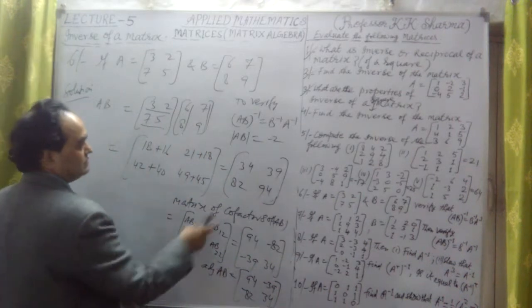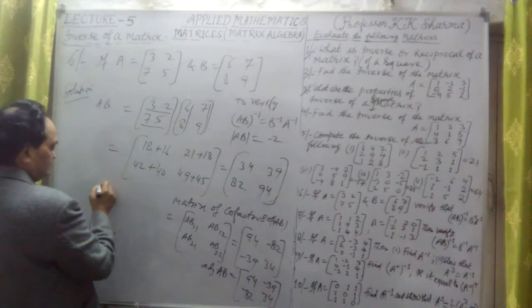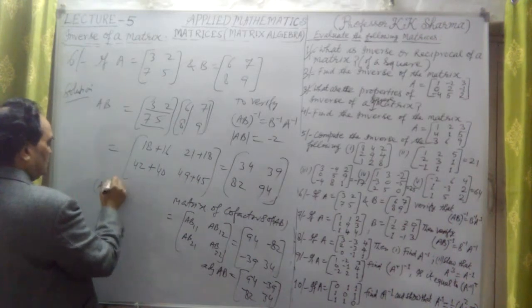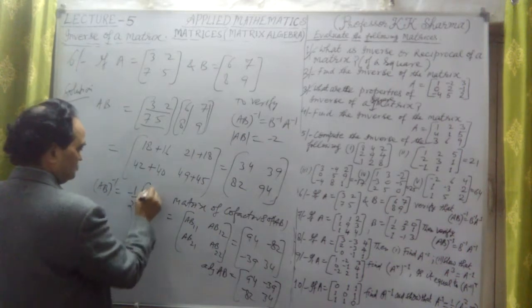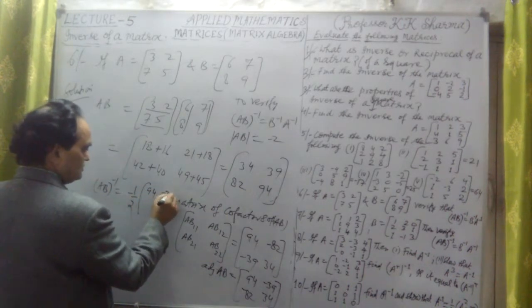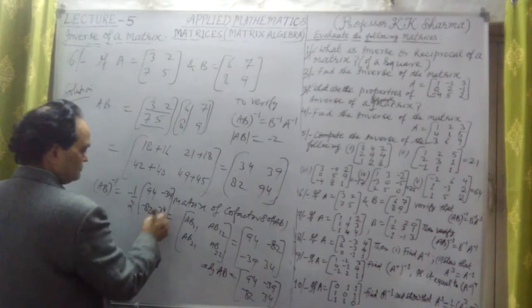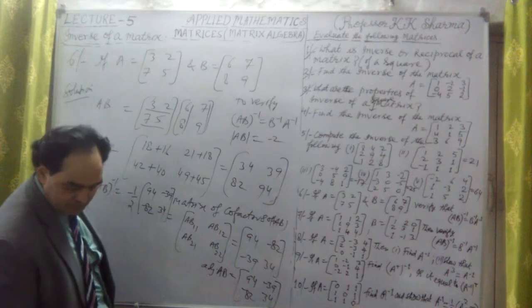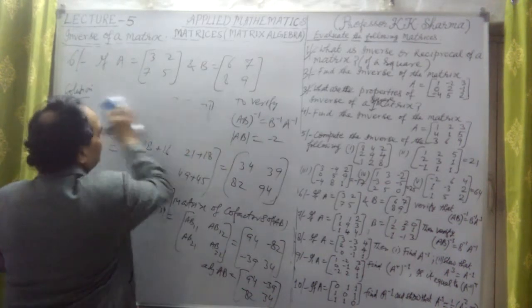The determinant value is minus 2. Dividing by minus 2, therefore the inverse of AB, the whole inverse, is equal to minus 1/2 into 94, minus 39, minus 82 and 34. This is the value of the left hand side. So let me write the left hand side here.